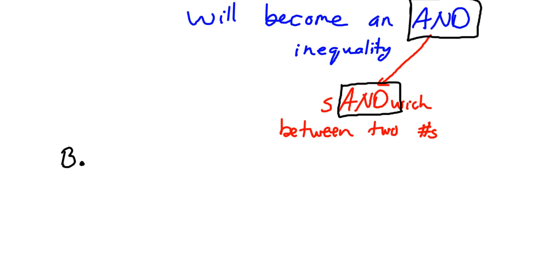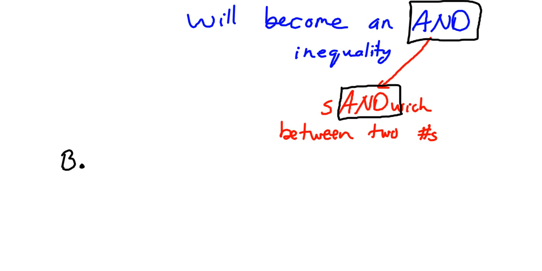Okay, and then the B part, of course, if it's not less than, it's got to be greater than. So if you have absolute value of x greater than some number, or absolute value of x greater than or equal to some number, again, the key thing is that we're talking about greater here.